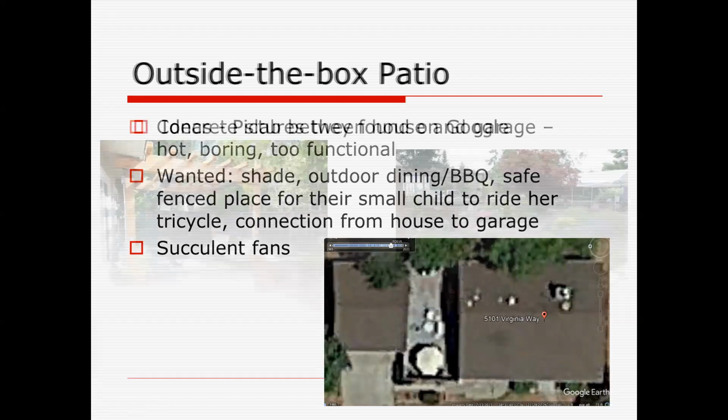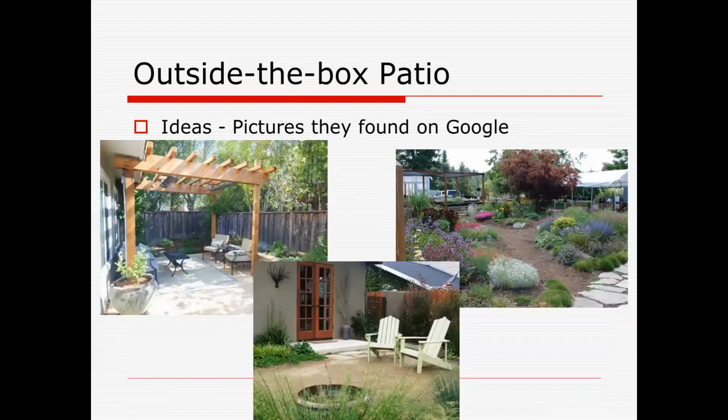So I had them go through some Google images. And this is what they liked. They liked this overhead patio. They liked the firmness and this overhead on the patio to provide shade.